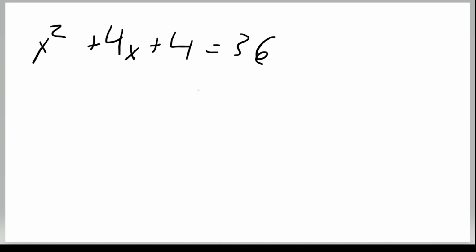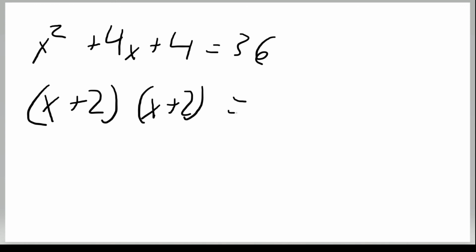Now, we need to factor these if we're going to use the square roots. So 2 plus 2 and 2 times 2 both equal 4, so that works here. So it's going to be x plus 2 and then x plus 2 equals 36.